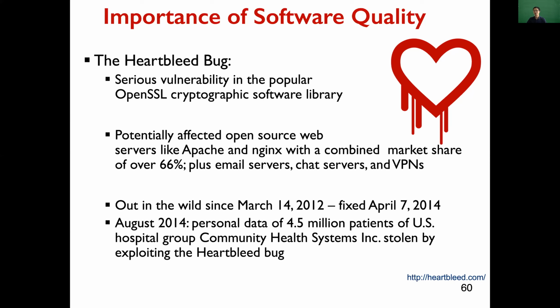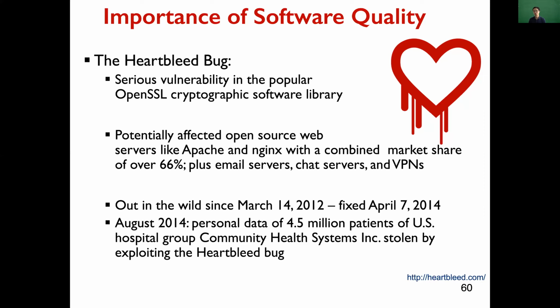And also, this failure caused the exposure of the private information of 4.5 million patients in the US. The loss of this personal information was caused by someone exploiting the Heartbleed bug.